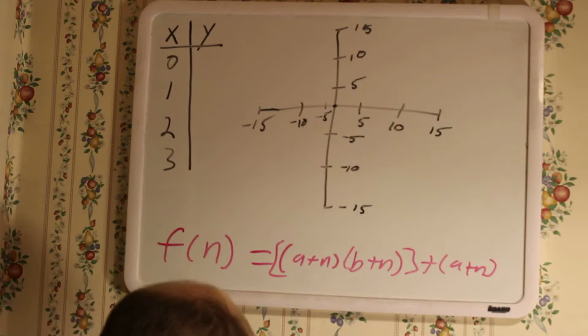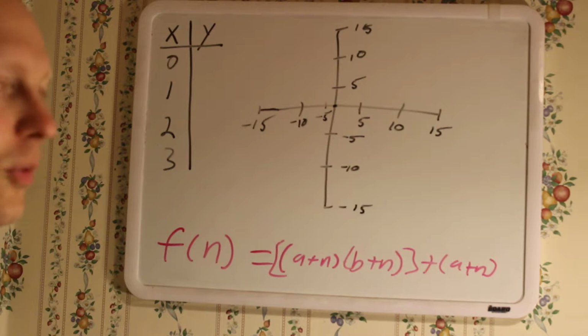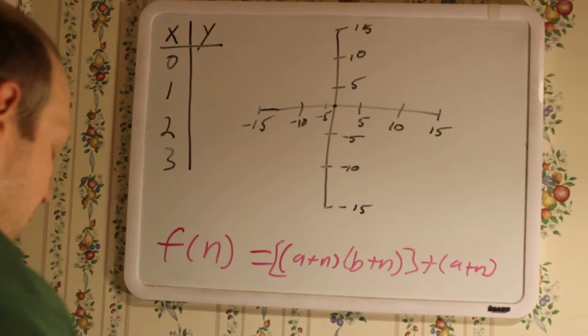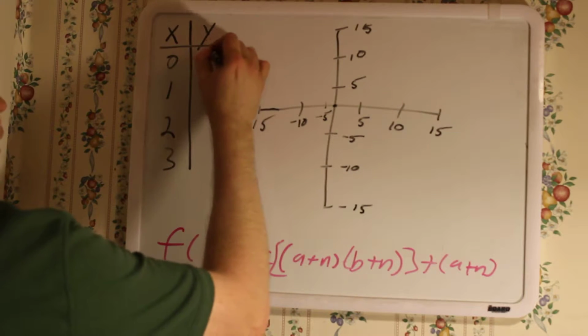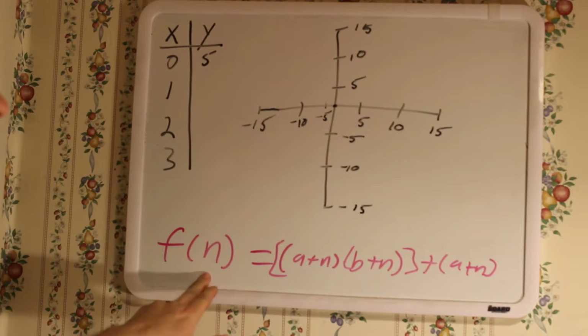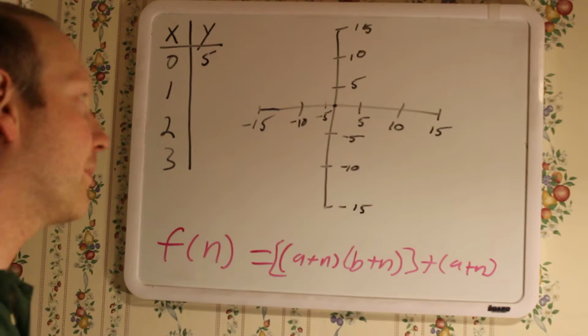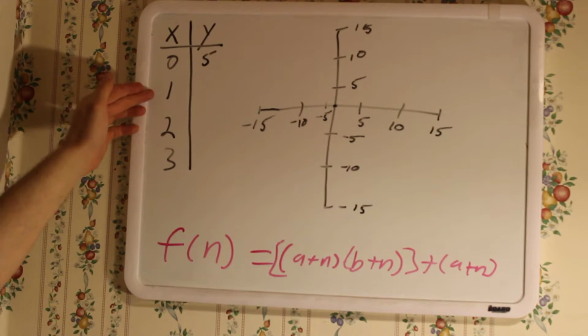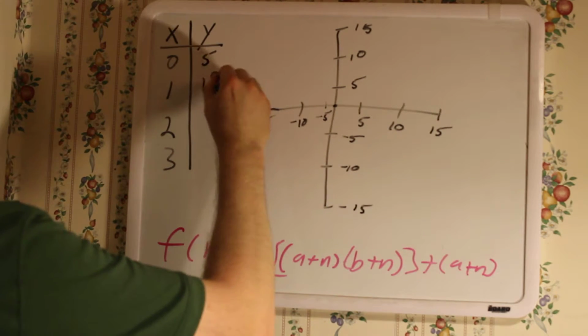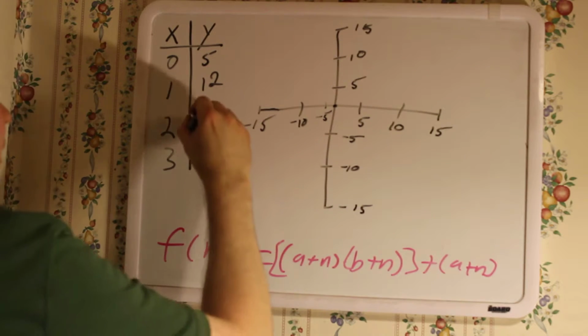When we put in 0 in here, we got 5. So our x is 0, and our y is 5. X is what we put in here, y is what it produces when we come through there. And if you remember previously, we put 1 in, we got 12. When we put 2 in, we got 21.